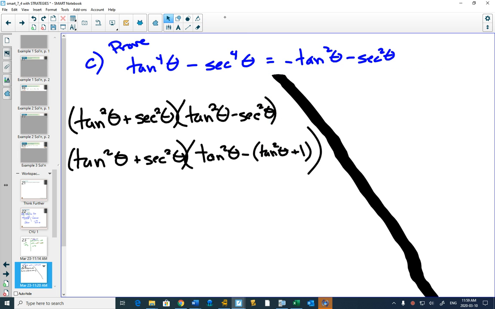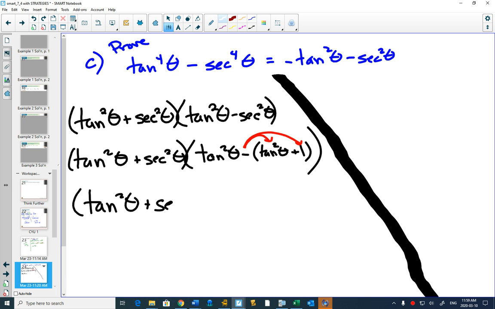Perfect. What happens when you distribute that negative? Okay, I'll still have tan squared theta plus secant squared theta. And tan squared minus tan squared will be 0, and minus a positive 1 will be negative 1.